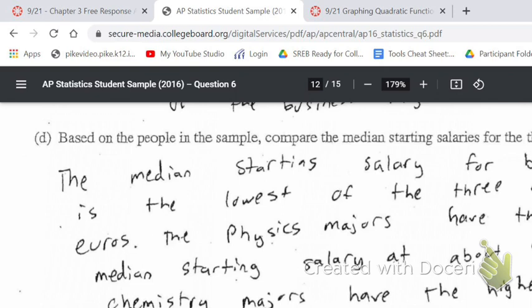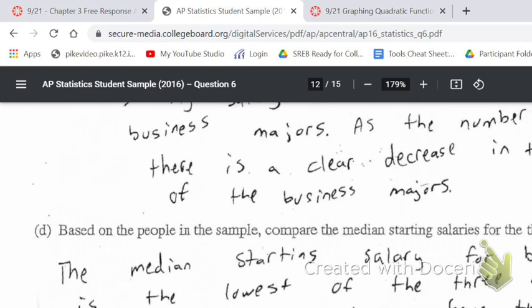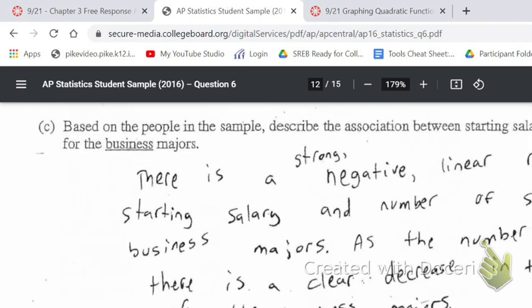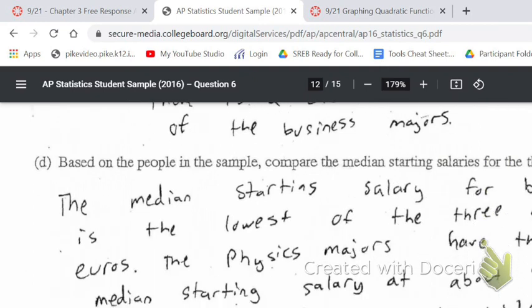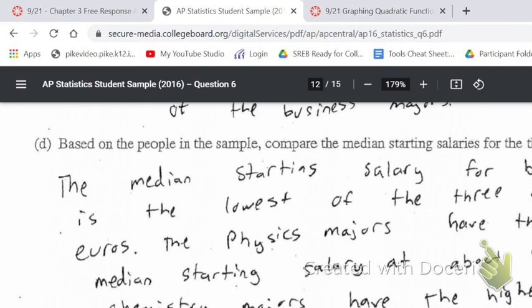Yeah. So between this one and part C up above, this was another scored section as either an E, P, or I. We said that we liked the answer here in C. They hit direction, form, strength. Part D, they did a reasonable job estimating those median starting salaries. Did they use comparative language?